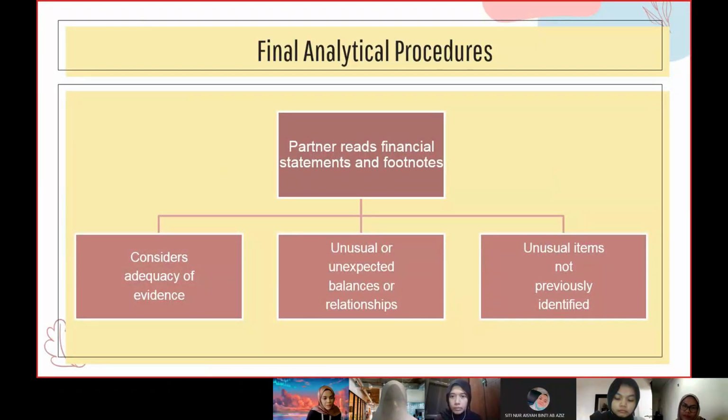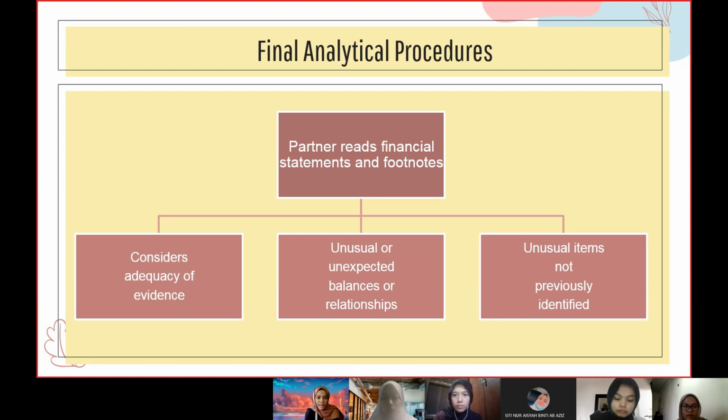Okay. The first one is the final analytical procedure. Why do we need to perform the final analytical procedure? Because the result can help us decide whether the audit needs additional evidence, and maybe we can find any mistake from the client.